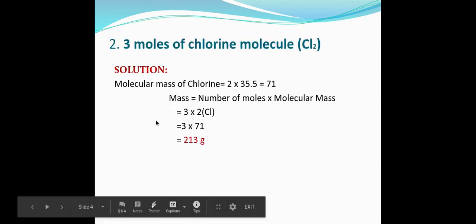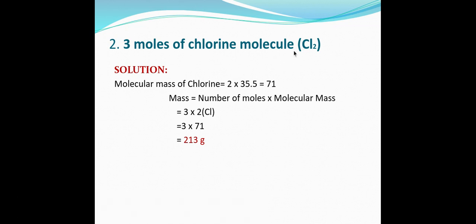The next one is 3 moles of chlorine molecules. The atomic mass of chlorine is 35.5. The molecular mass of chlorine: a molecule means 2 atoms are present. So 2 into 35.5 is equal to 71. Mass is equal to number of moles into molecular mass.